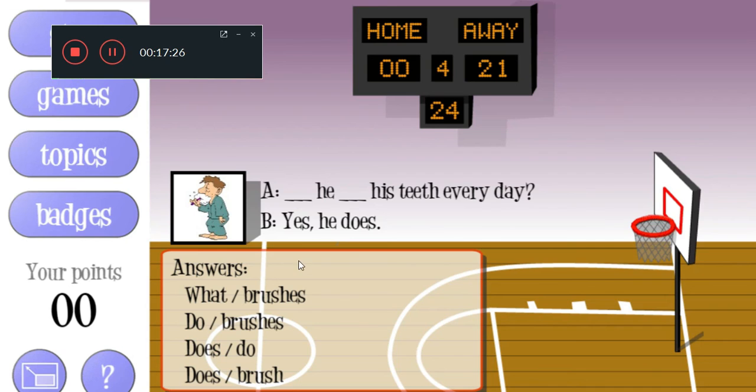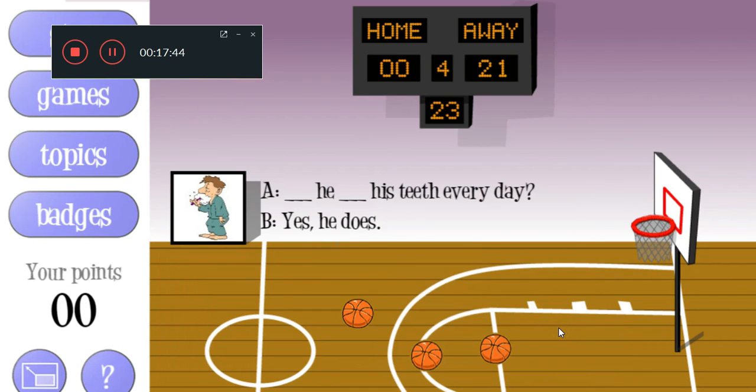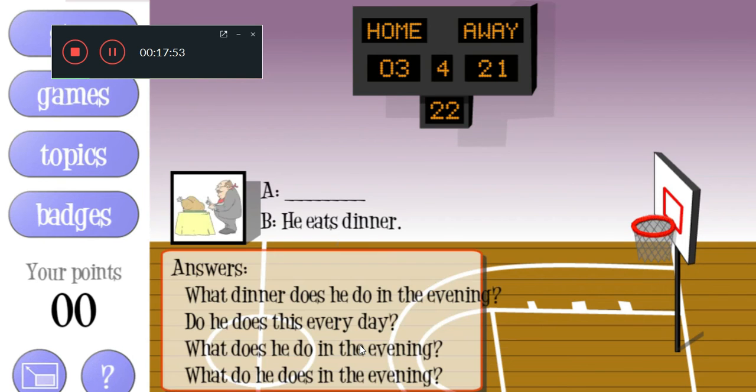So that means, I think, is this one. Why? Because it's does, a yes and no, and the action does he brush. We will see what happens. Nice shot. Very good. We're going to try a little bit more.